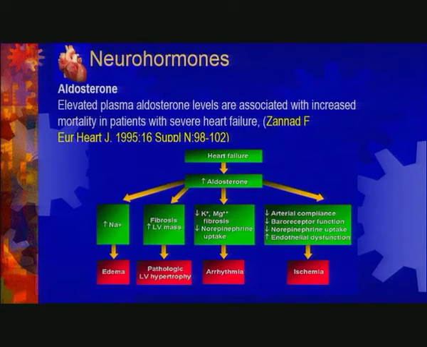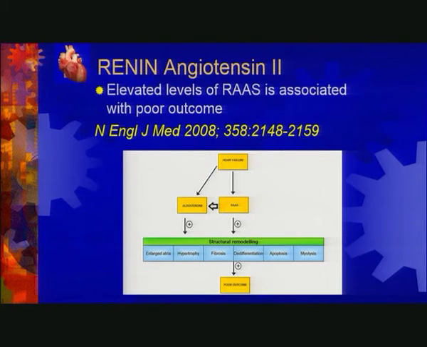But aldosterone is also known to cause fibrosis and cardiomyocyte damage. This will add to the problem of heart failure and worsen it. That's why an increased level of aldosterone is associated with poor outcome in heart failure.